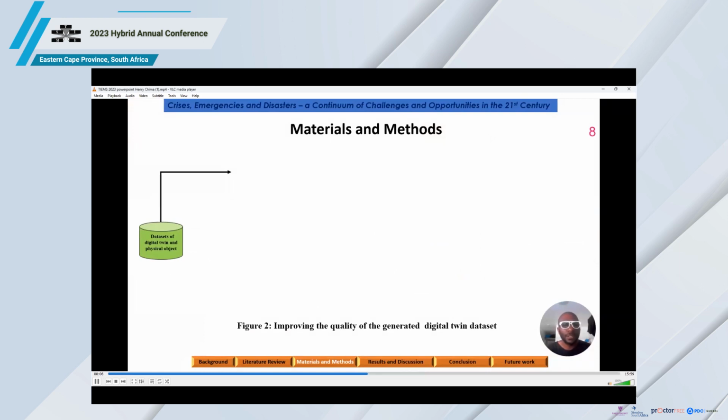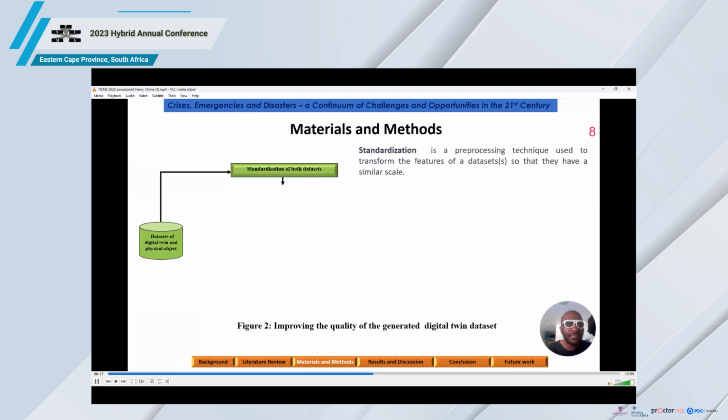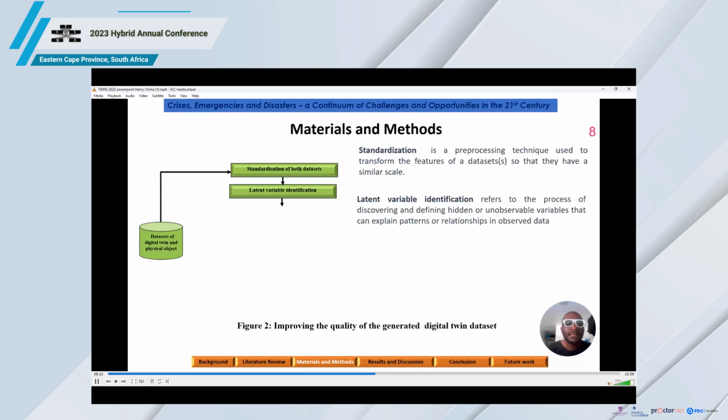Okay, in order to improve the quality of the data set that is being generated by the digital object, when the data set is gotten from the cyber-physical system, both data sets are standardized because of the variations in their measurements.